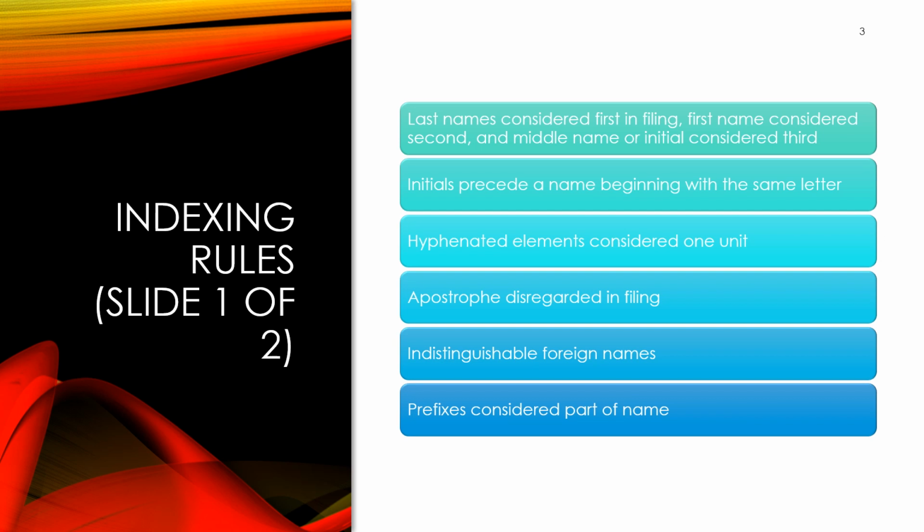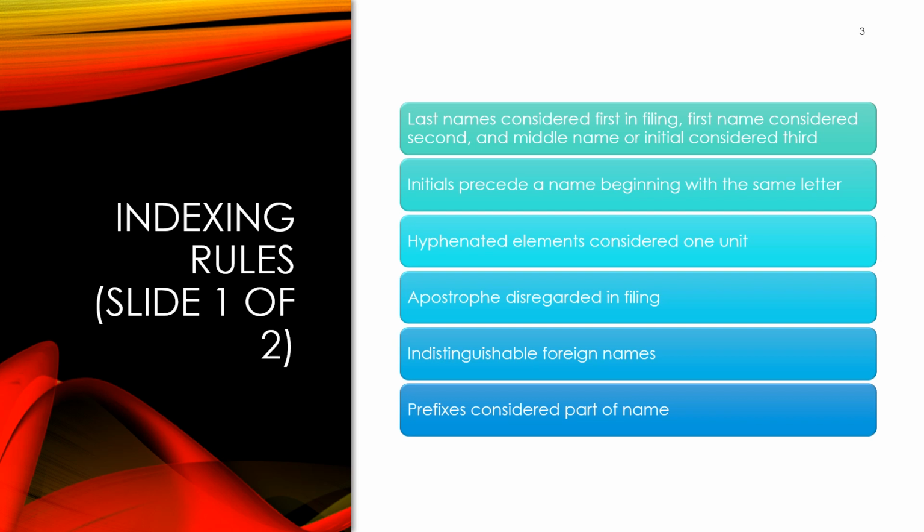Some other rules: if there are initials that precede a name beginning with the same letter, so you have just a person's initial M, nothing else behind it, and then you have Maggie, the M would be filed before the word Maggie.